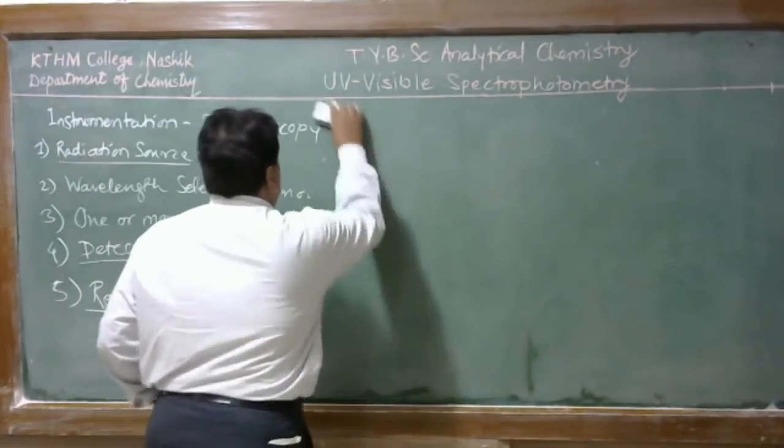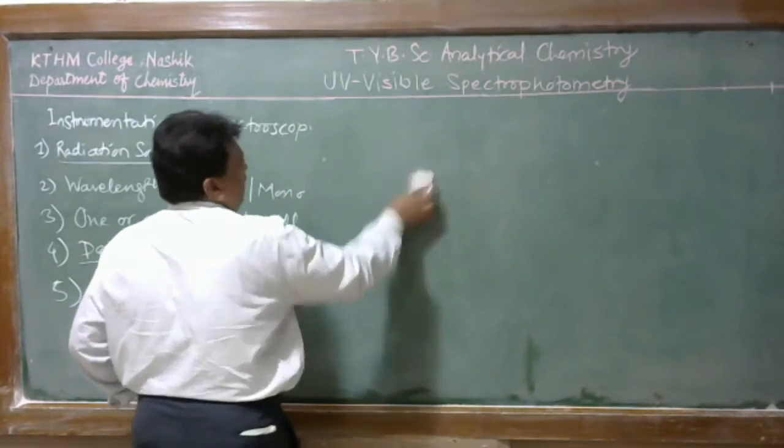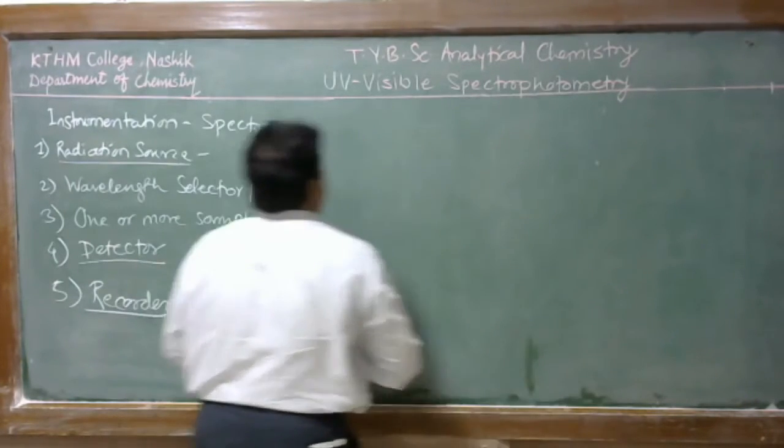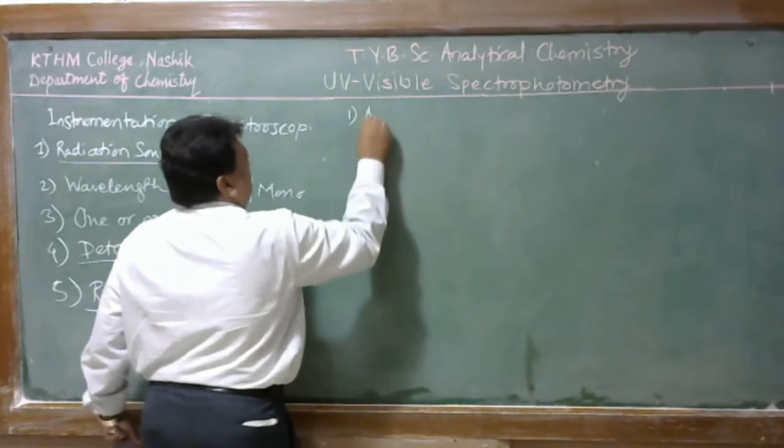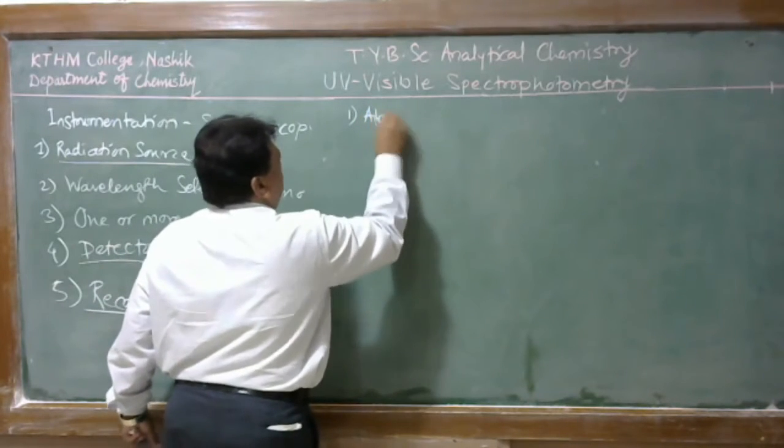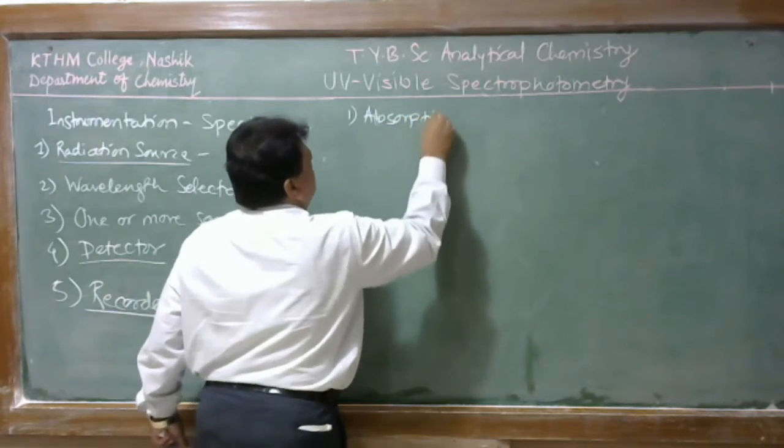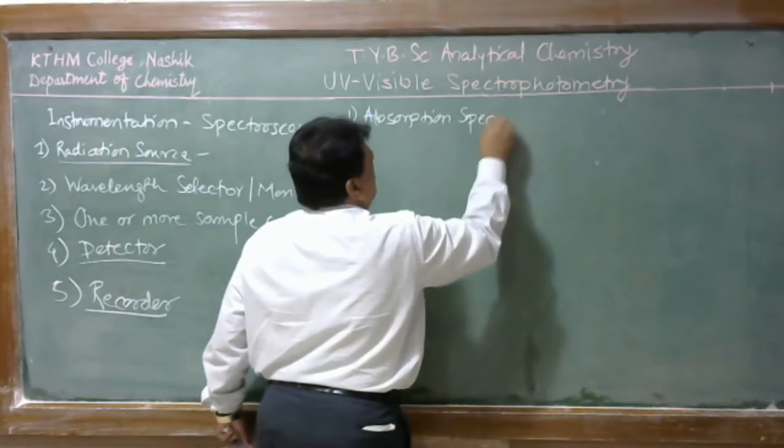Therefore, here is the arrangement of the instrument, number one, for absorption spectroscopy.